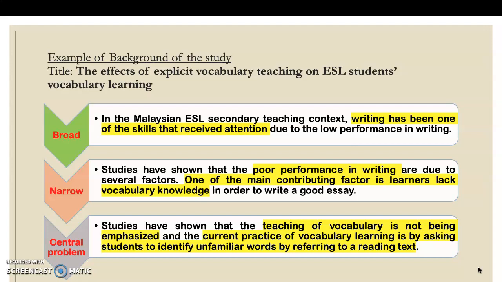So you can see from broad, talking about writing, to narrow, poor performance in writing, and the central problem, which is the poor performance is because they lack vocabulary, and the issue is about the teaching of vocabulary that is not being emphasized, and the techniques used to teach, or the strategies used to teach writing. Right? So that's the background of the study.